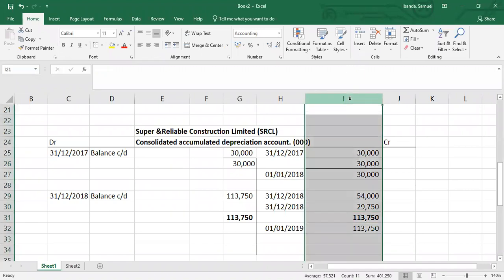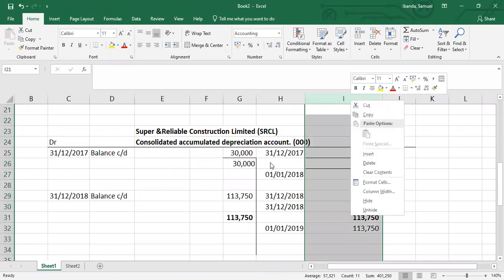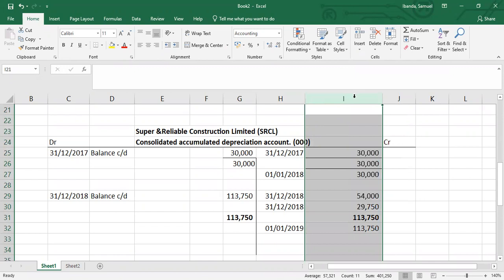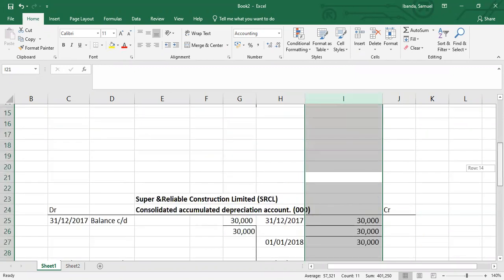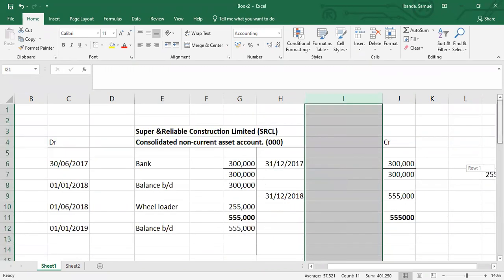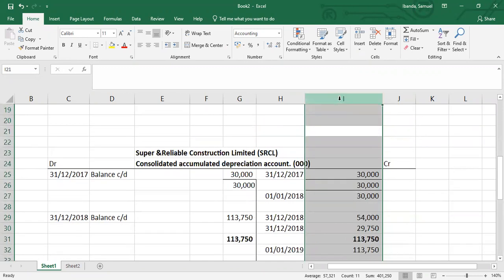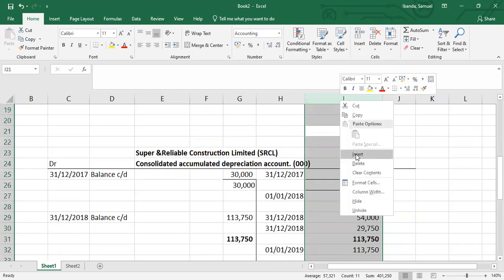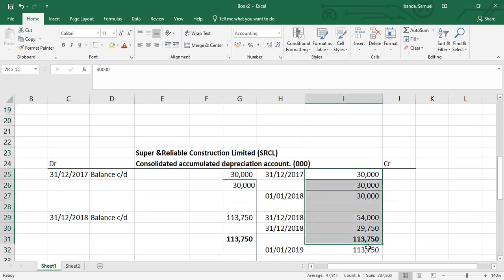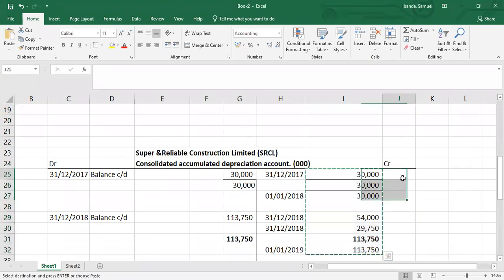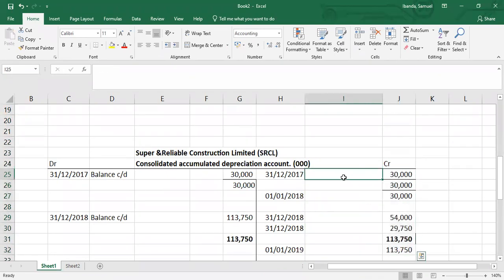Sorry, I think I deleted this column. I deleted the narration here, but just to include it. This was depreciation.